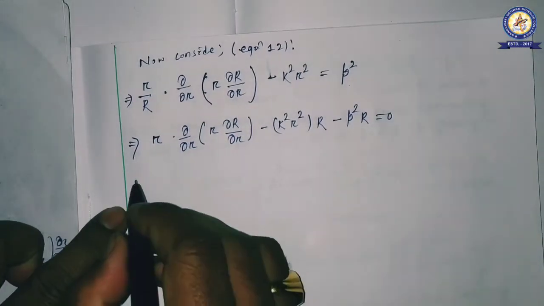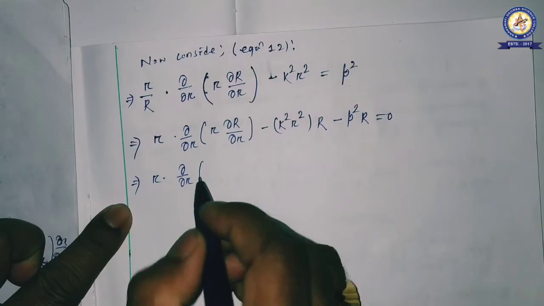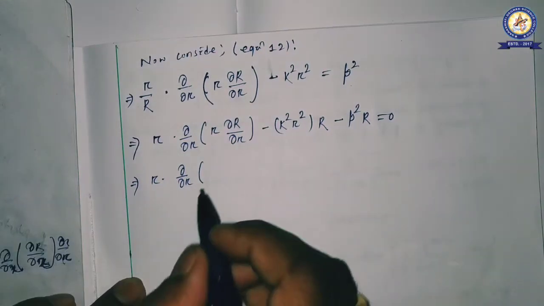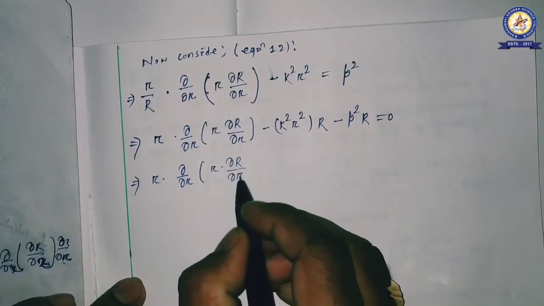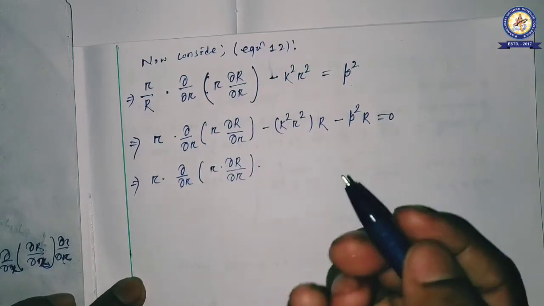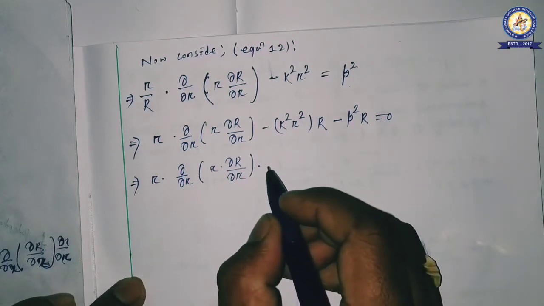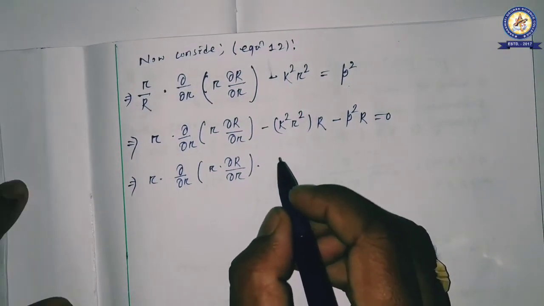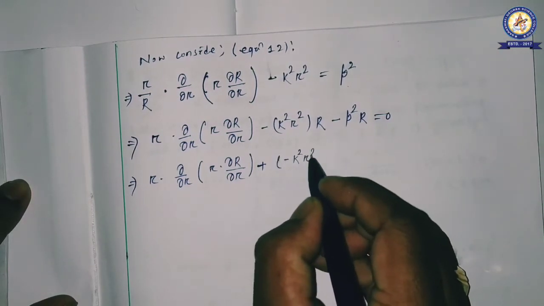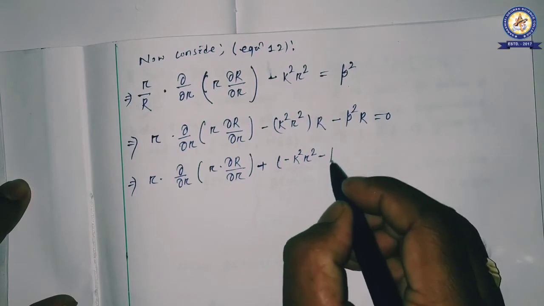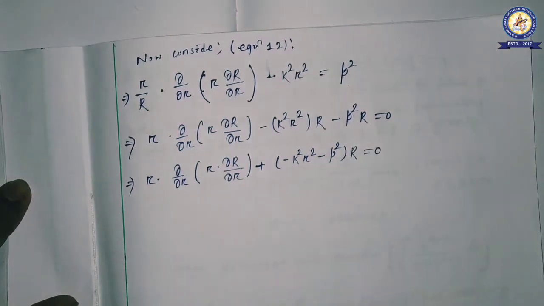Or here this can be written as r into del by del r of r into del capital R by del r, plus minus k square r square minus p square whole into R equal to 0, right?